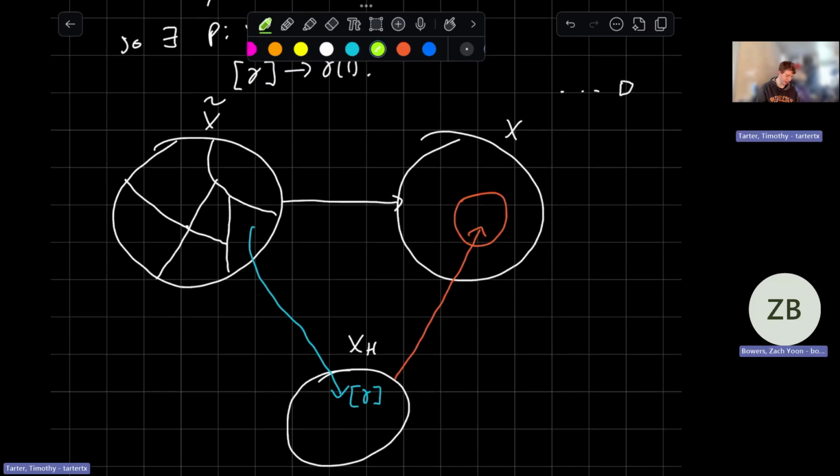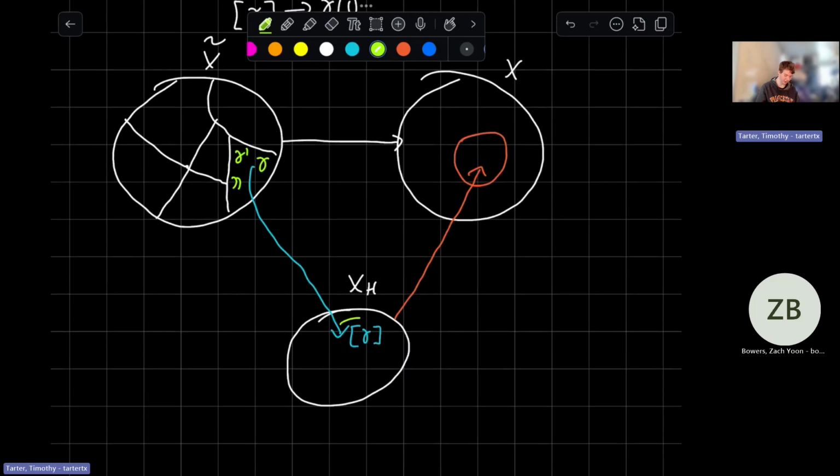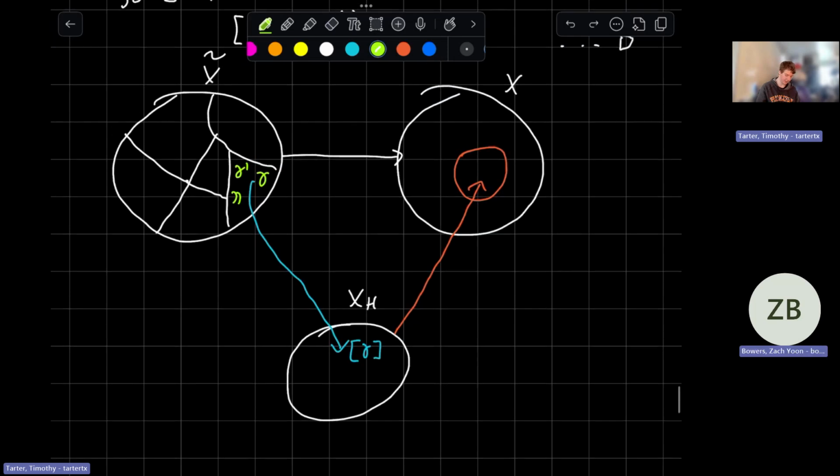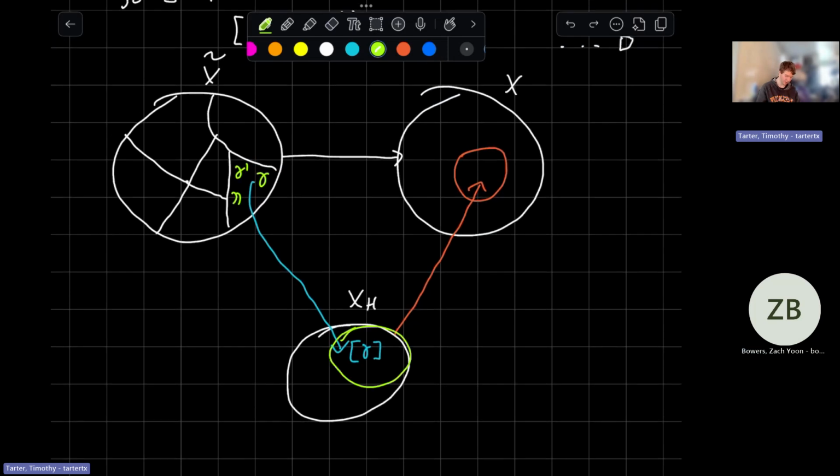It's all of the gamma and gamma prime and eta. They all get identified with equivalence class gamma.